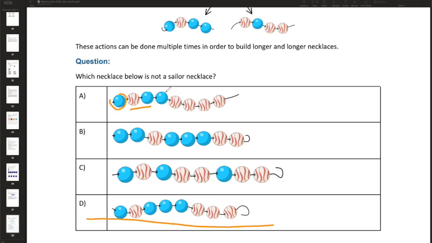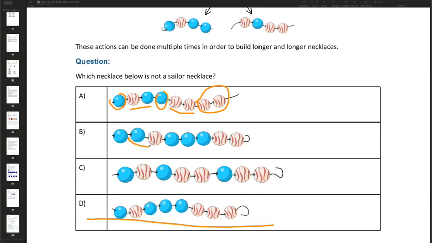You add two blue beads and then add two rightmost wavy beads and then two more rightmost wavy beads. So this option is correct, meaning it does satisfy the rules. That means it's not the answer.